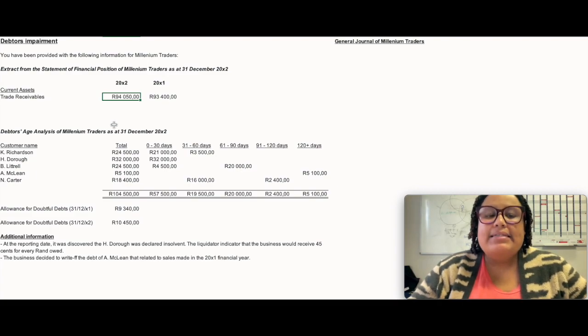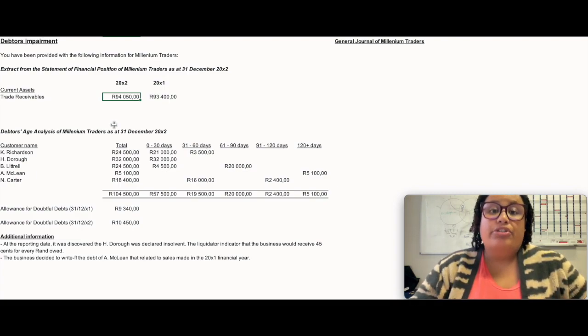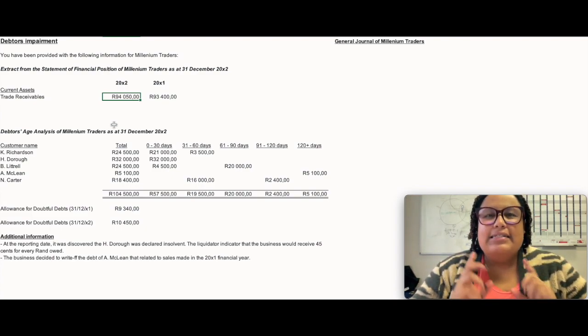When businesses calculate the allowance for doubtful debts, they calculate it based on how long the debt has been outstanding, and the longer a debt has been outstanding, the greater the chance that the debtor is not going to be recoverable. So that's just a point on the debtors analysis.